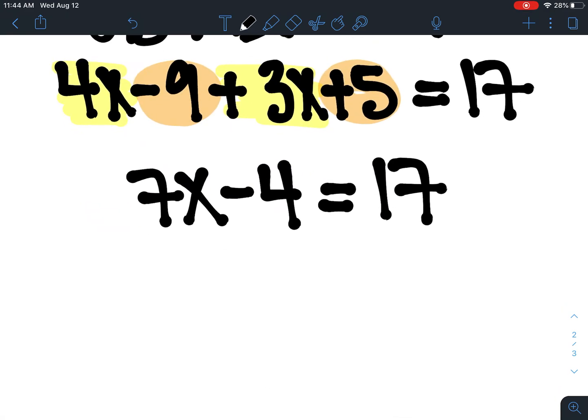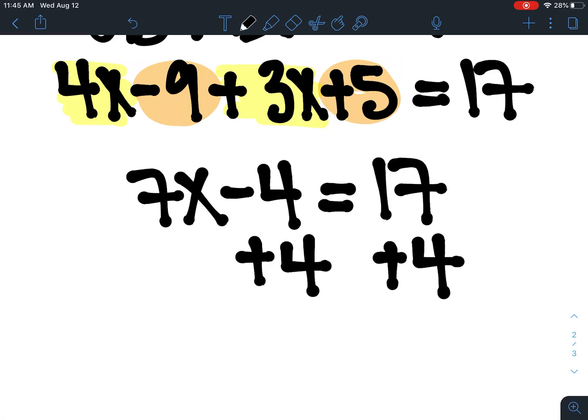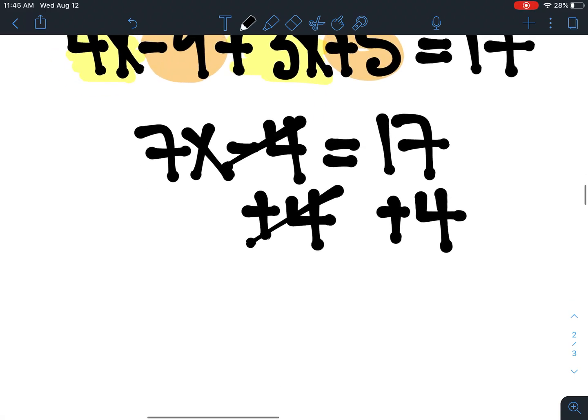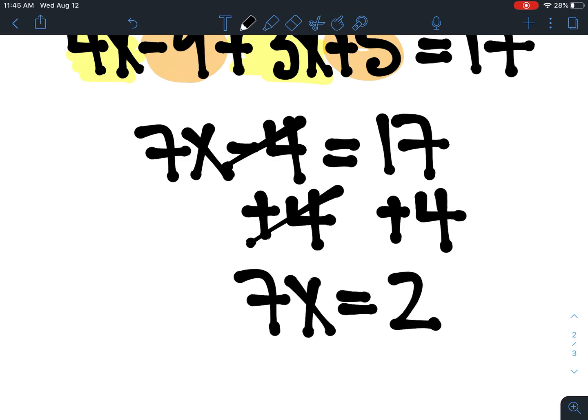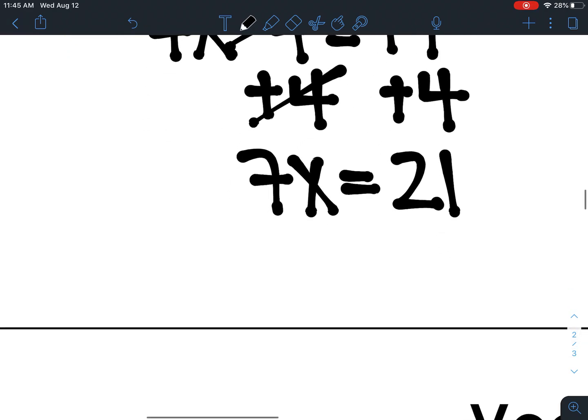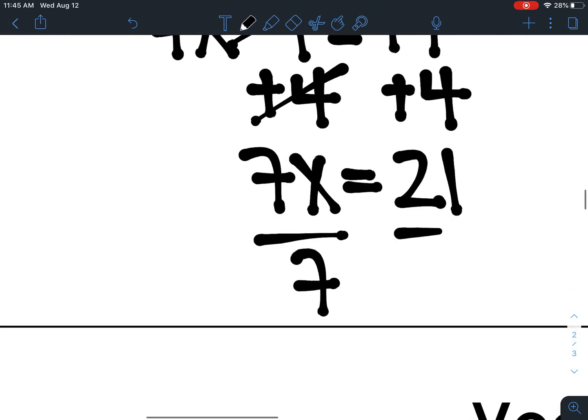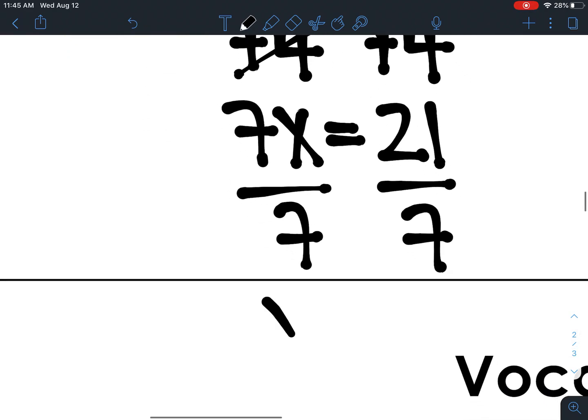Okay? We have to get rid of the minus 4 first, so we're going to add 4 to both sides to cancel that out, and we're left with 7x is equal to 21. We're going to divide out that 7, and we're going to get x is equal to 3.